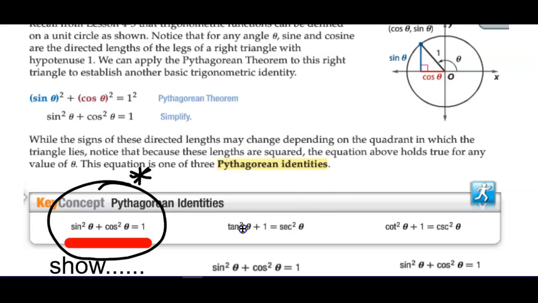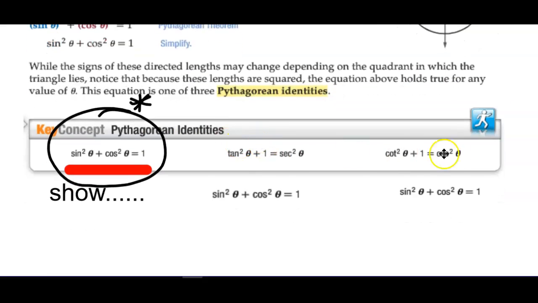There are two additional Pythagorean identities, and I just want to show you real quick. I honestly don't have those memorized. I have to really think about those. But what you do to get those, if you just memorize this one, is to get the next one you divide everything by cosine squared.